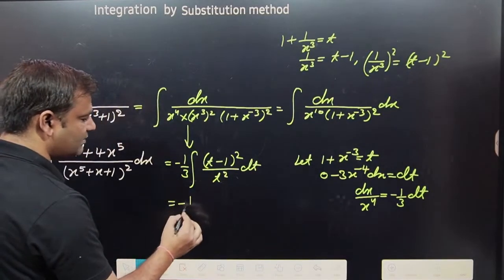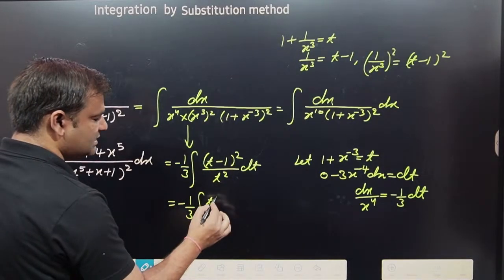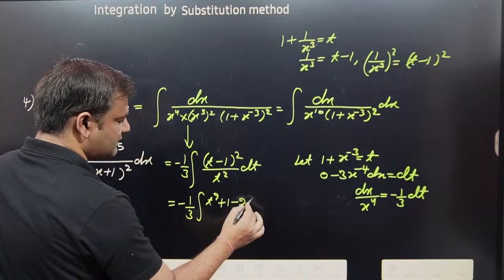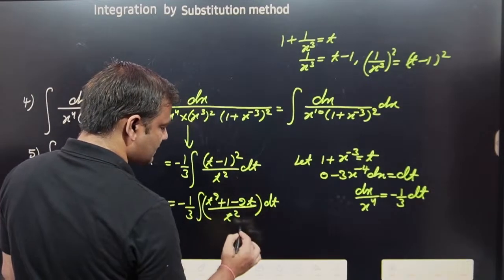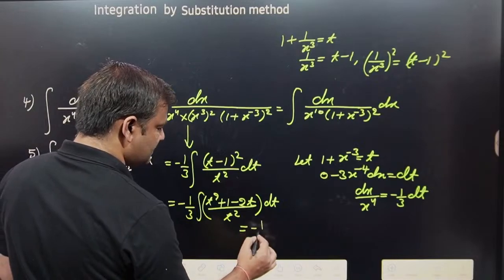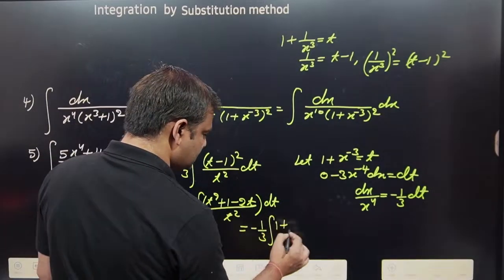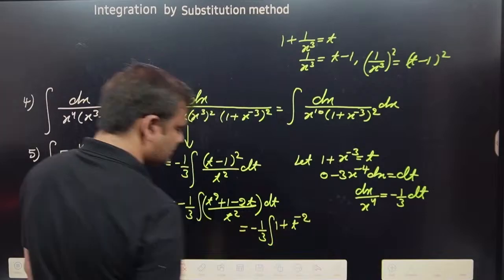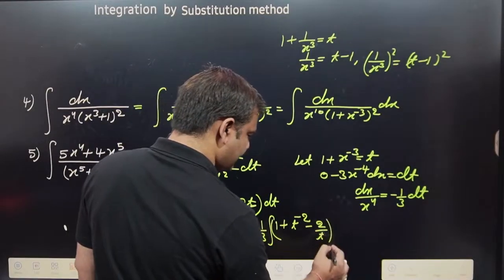Now after that, minus 1 by 3 into (t square plus 1 minus 2t) divided by t square into dt. So minus 1 by 3 into (1 plus t to power minus 2 minus 2 upon t) into dt.